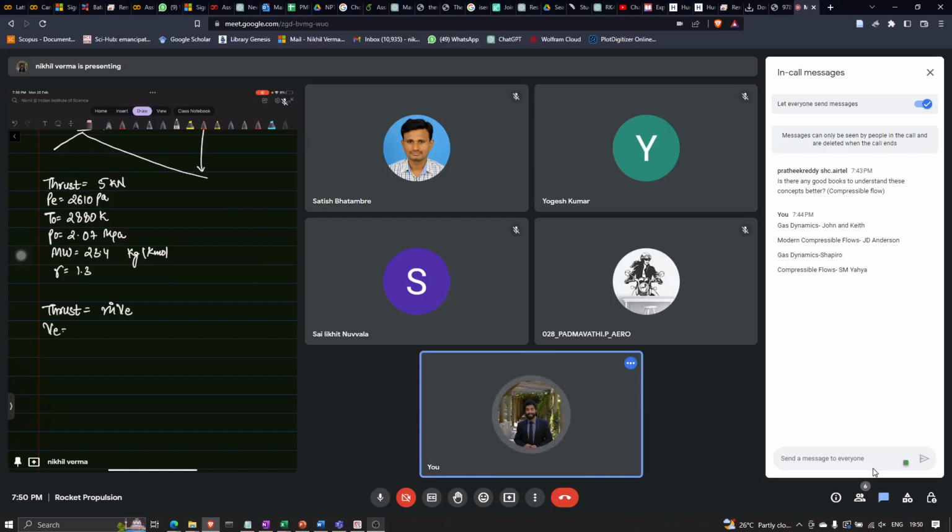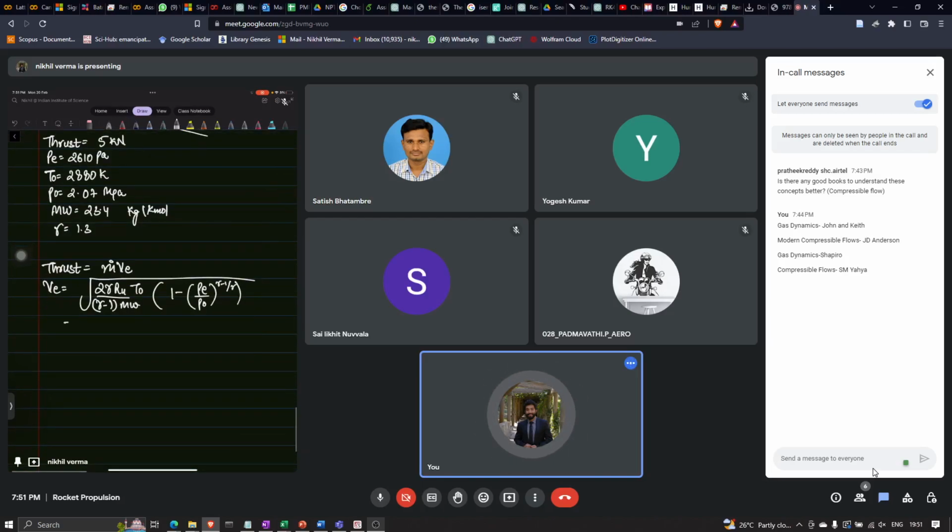So v exit you can calculate using this relation: square root of 2 gamma Ru by (gamma minus 1) times molecular weight, into T naught, into 1 minus (P exit by P naught) to the power (gamma minus 1) by gamma. Can somebody calculate this and let me know the value?